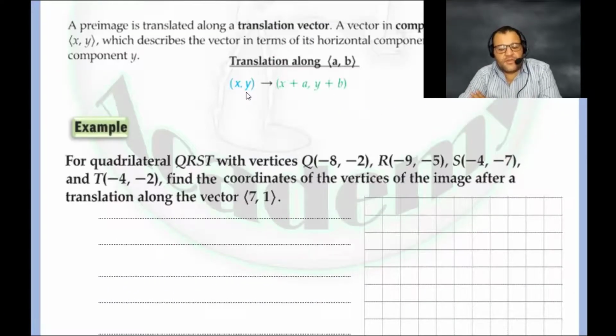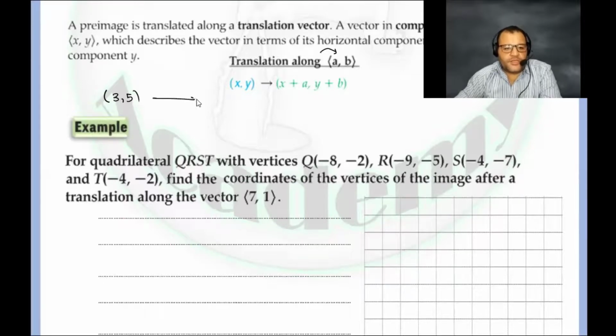The second type of transformation that we have is translation. For any point x and y, if you want to make a translation along the vector a and b, all you have to do is add x plus a and y plus b. For example, suppose we have a point 3 and 5.